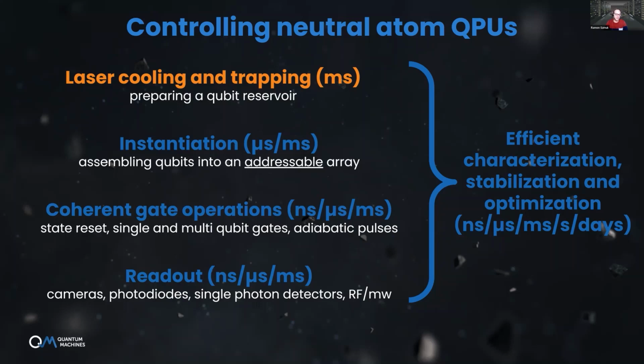There are some esoteric readouts done with RF or microwave demodulation, which is more typically found in superconducting and spin qubits, but microwave does find its way into AMO at times. And I hope I will convince you that readout is also very straightforward to perform with the quantum orchestration platform.